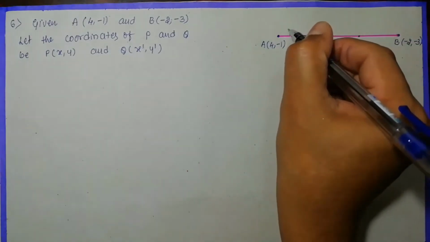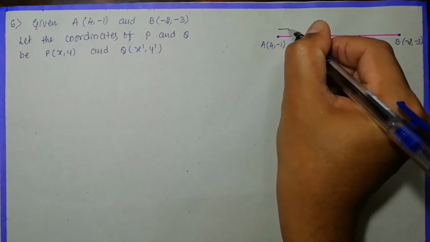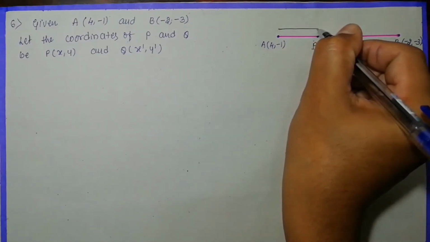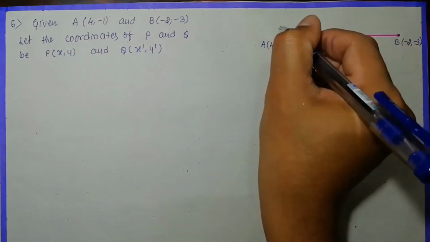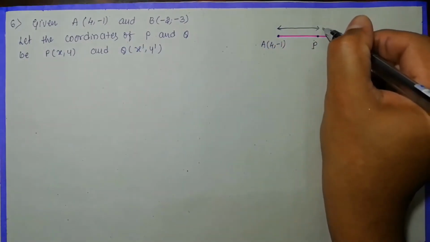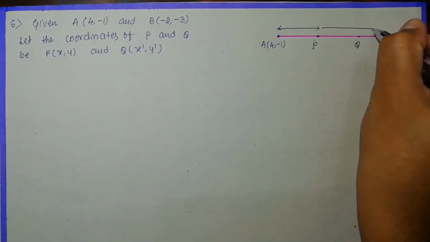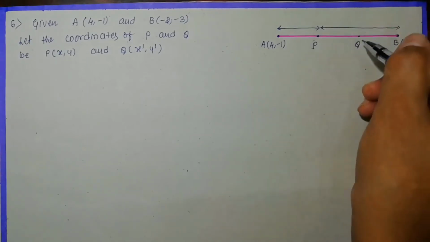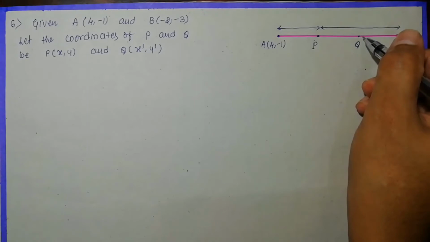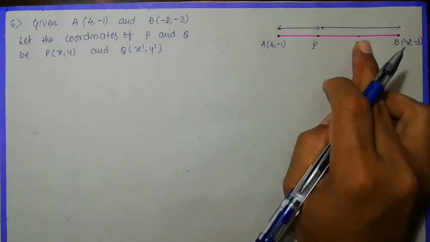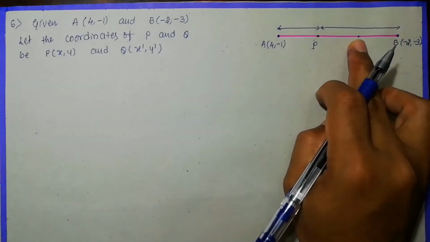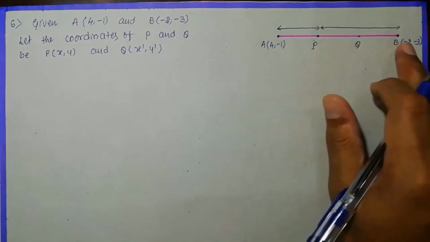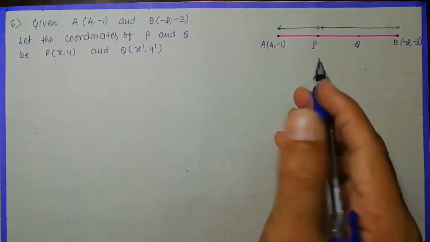So now the ratio is not given to you, but you have to understand just by looking at the figure. I'm going to find the coordinates of P. So now let us forget about this point Q. Let's imagine there is no point Q. Now just think of A, P and B. So now look here.